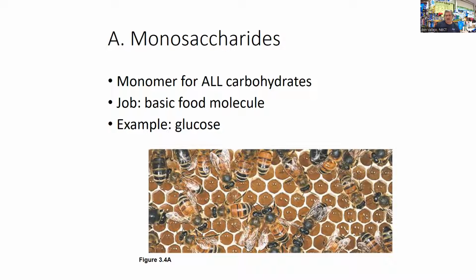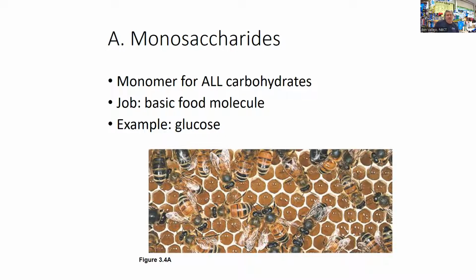Mono is a prefix that means one. Saccharide means sugar unit. So a monosaccharide has 1 sugar unit. A disaccharide has 2 sugar units. A monosaccharide is sometimes called a simple sugar, and a disaccharide is called a double sugar.